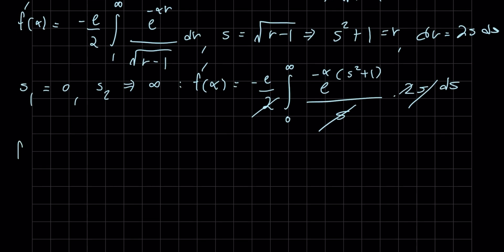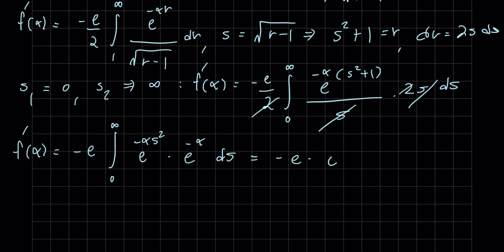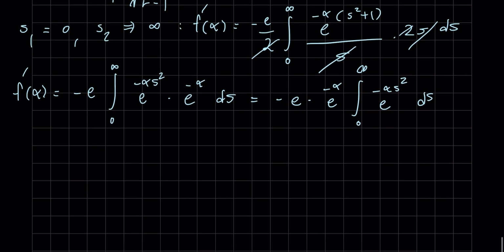So we're going to have f prime of alpha is negative e, the integral from 0 to infinity e to the negative alpha s squared times e to the negative alpha ds, which is the same thing as negative e times e to the negative alpha, the integral from 0 to infinity e to the negative alpha s squared ds.